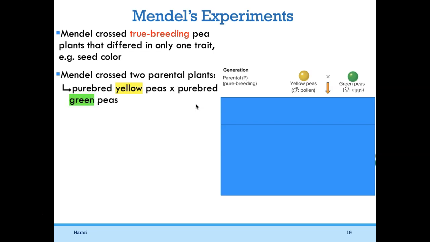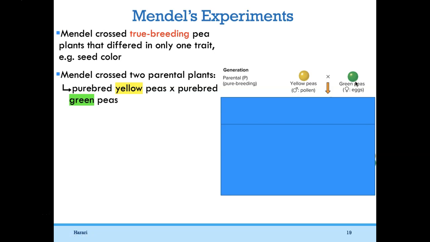He took pure breeding yellow peas and pure breeding green peas, and he mated them together. What this literally means is he took the pollen from a flower of a yellow pea plant and put it on the stigma of a green pea plant that didn't have any anthers.